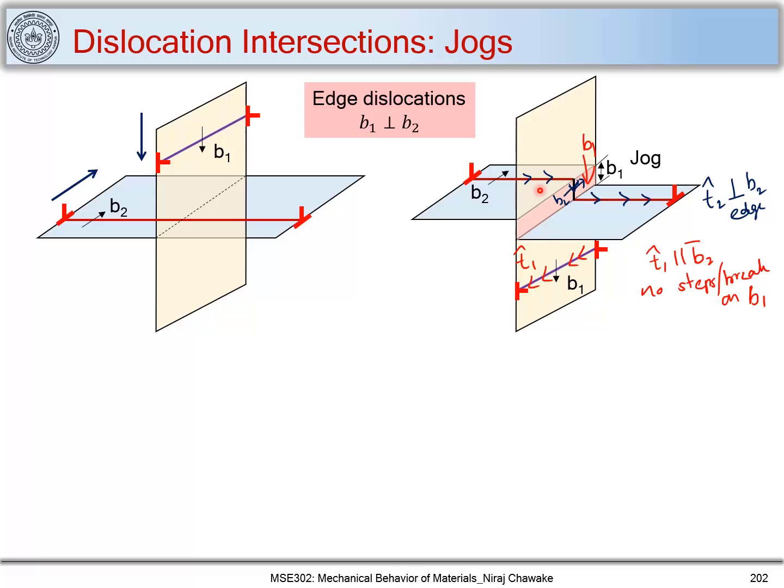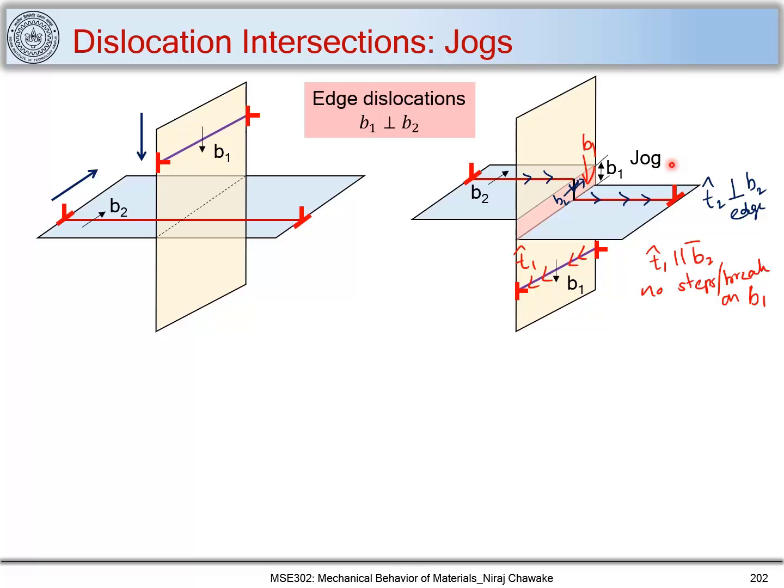So let's understand this again. We have this dislocation B2 which gets intersected by this dislocation B1, and the jog will form, or the break will form, on this dislocation line along B1. So we have a break on this dislocation line along B1, and the magnitude of that break will be the magnitude of this Burgers vector B1, and these breaks are called jogs.